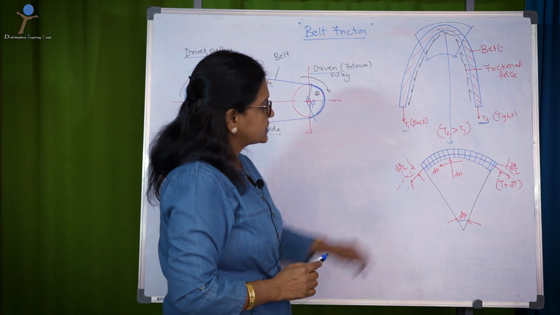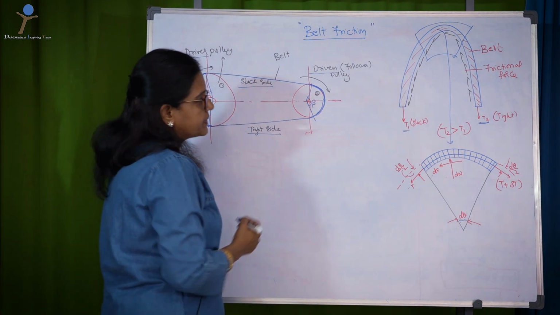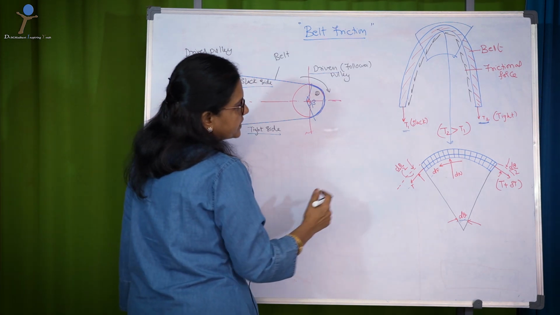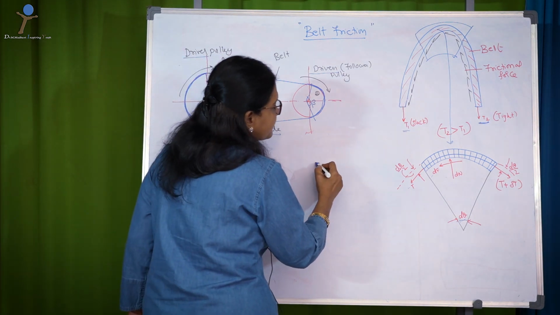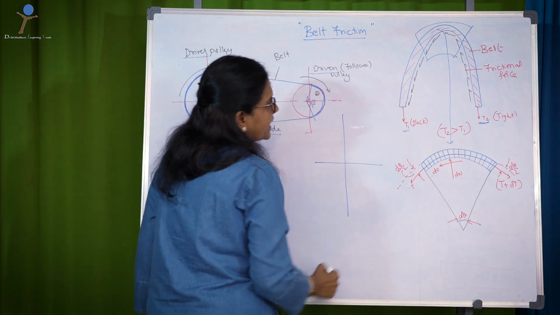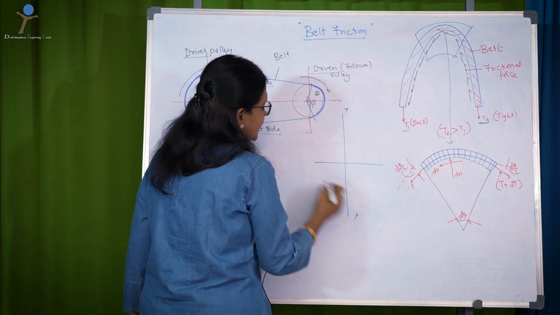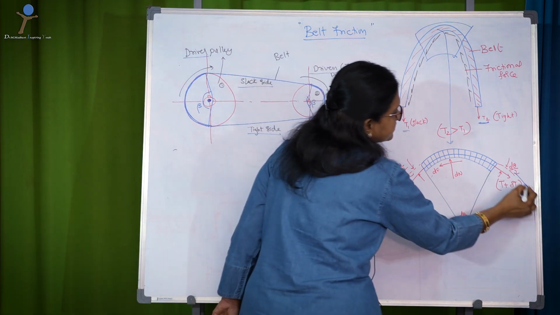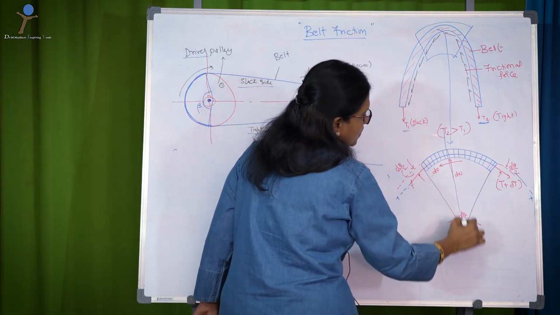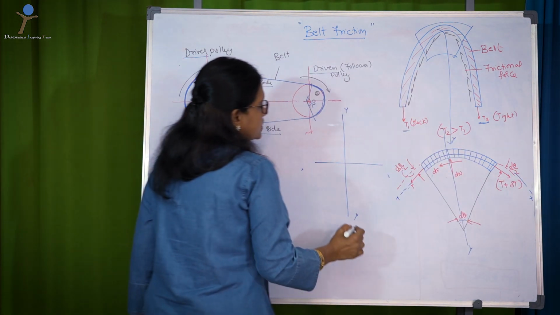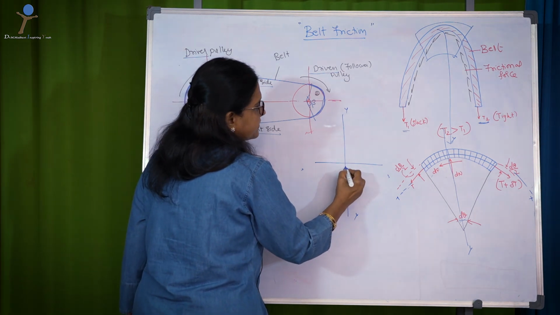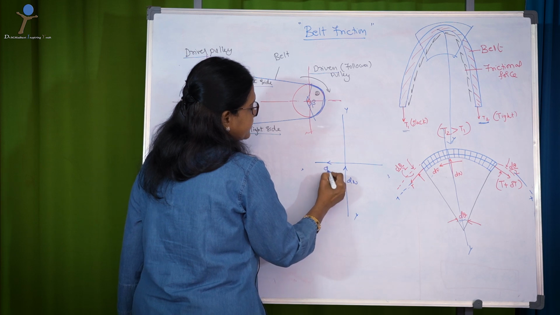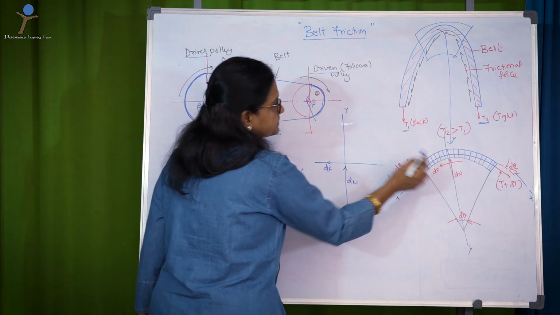Now, with these forces on an elemental strip, let us write the equilibrium equations. For that, I will put all of them on the x axis and y axis. This is y, this is x. Okay, I will treat this as the x axis and this one as the y axis. So, on the y axis, I have dN, on the x axis I have dF, these two.